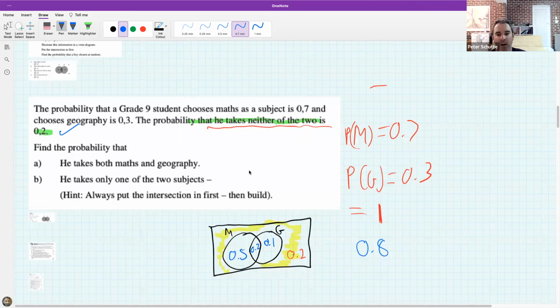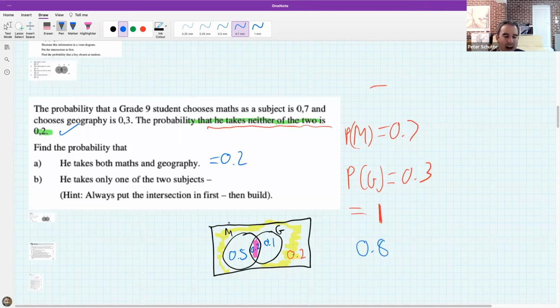Exactly. Now, if I want to answer this question, what's the probability he takes both maths and geography? That's going to be the region in between, or the intersection. So that's going to be 0.2. What's the probability he takes only one of the two subjects?